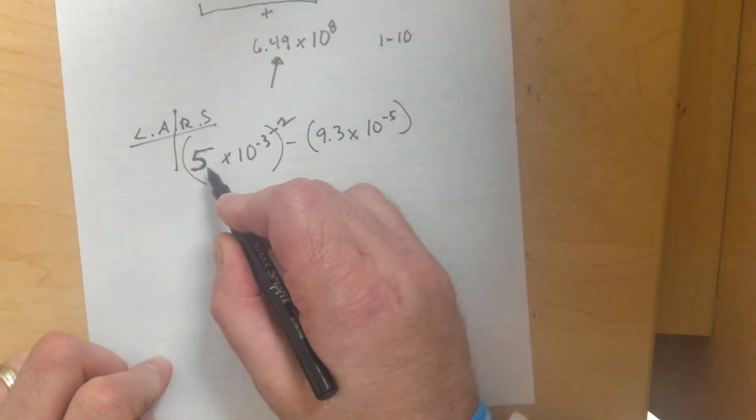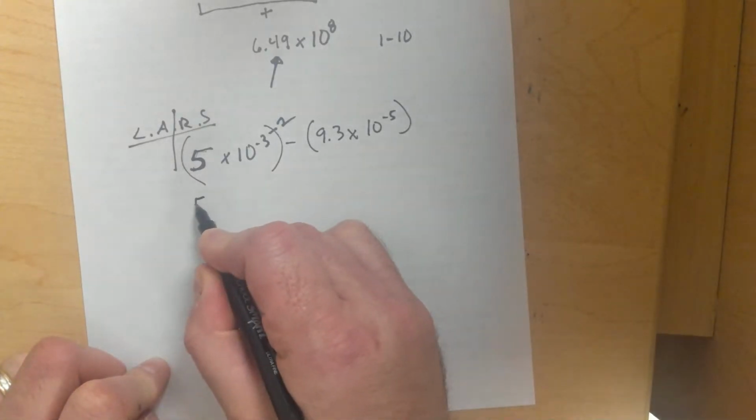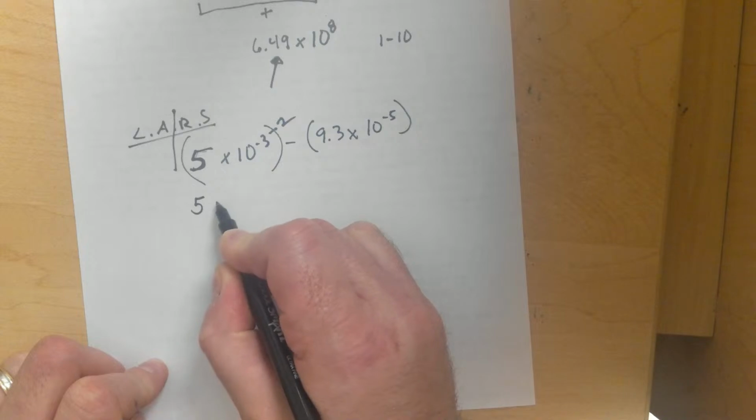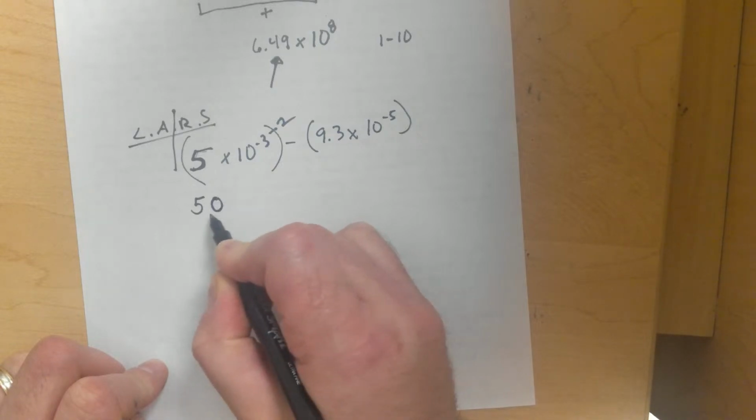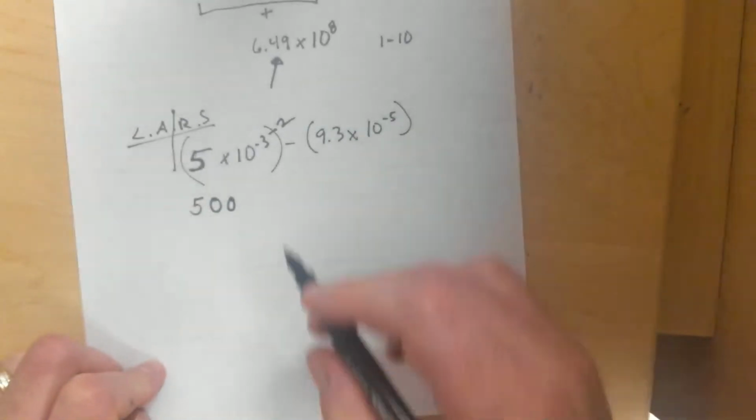My decimal with this number, the 5, is invisible, but it's at the end of it. So I'm going to move the decimal over 2 spots: 1, 2. So my first number now is 500.